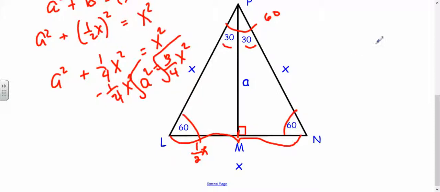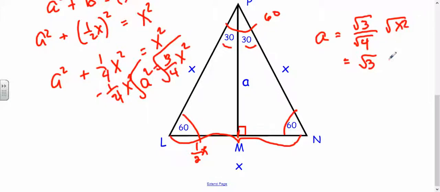So then we're going to take the square root of both sides, and we have a equal to the square root. I'm going to separate these because we have some perfect squares there that we can deal with, right? So the square root of 3 has to stay, but the square root of x squared is x, and the square root of 4 is 2.